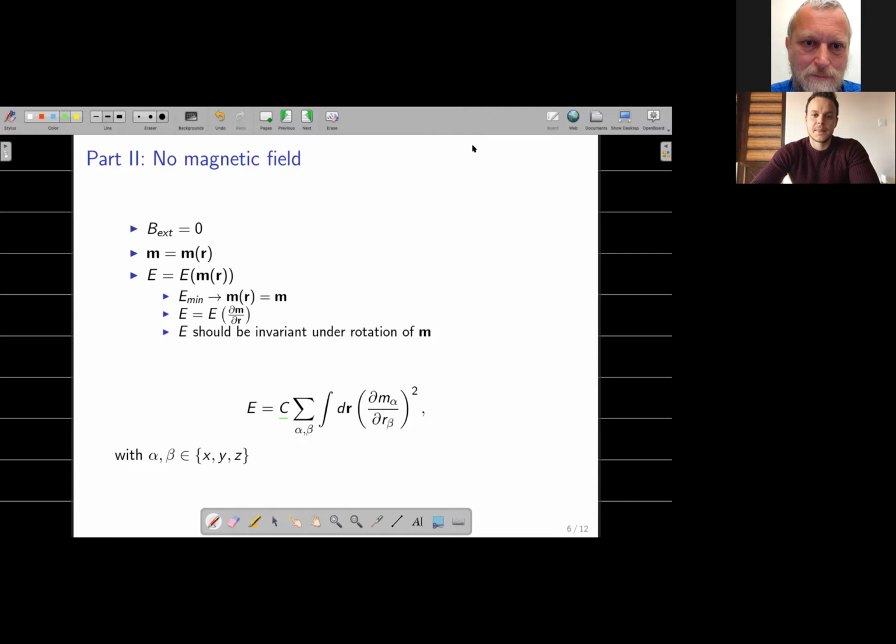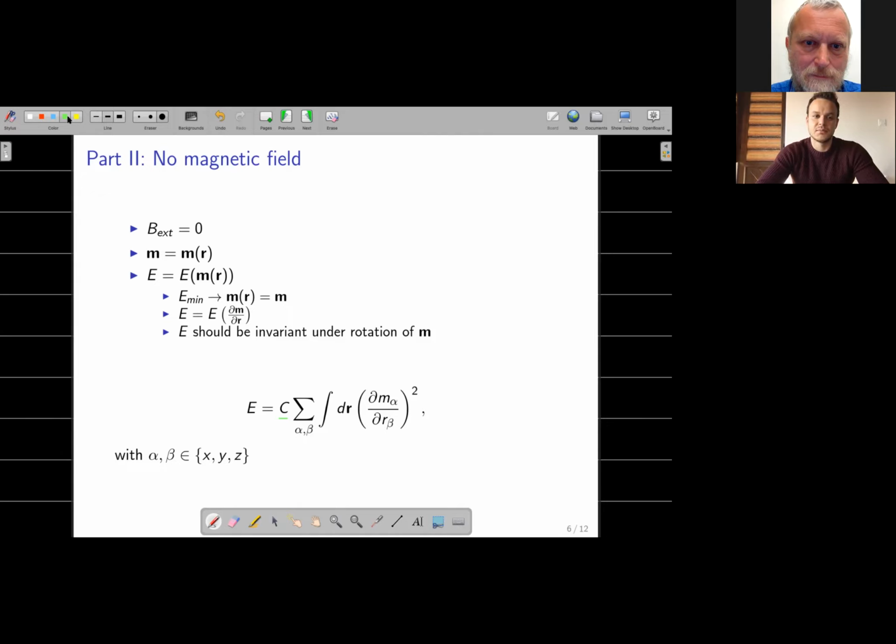Okay. So there is a question: why can we take the derivative of M with respect to r inside E? It's an expansion to lowest order. The minimum of the energy is for uniform magnetization, so this is the zeroth order, and then the first order expansion will be just the derivative of the magnetization with respect to the spatial coordinates.